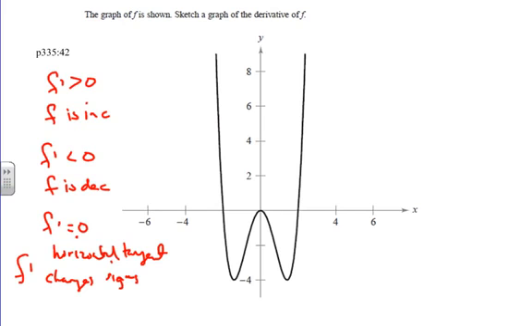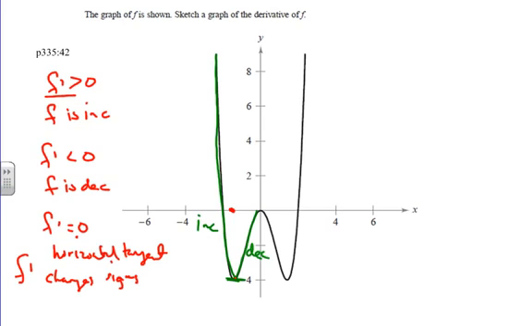Right here, we notice that f is decreasing. Since f is decreasing and then changes to increasing here, it appears that this point would be a critical point. That's at f prime equals 0. Well, since f prime equals 0, I'm going to plot that. This is where f prime will equal 0, wherever that maximum is, right there.